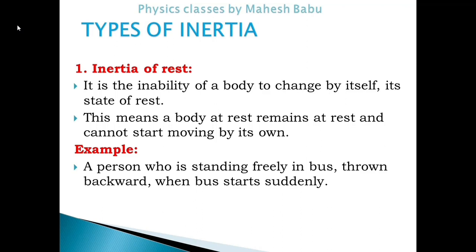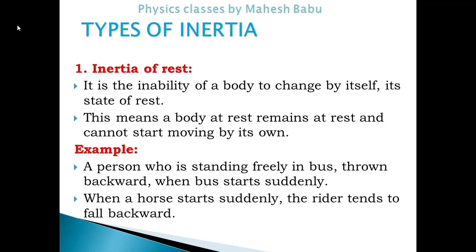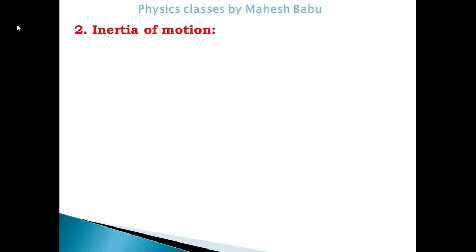Half of the body moves forward, but the remaining half has no contact, so it falls back. When a horse starts suddenly, the rider falls back. Even on a bike, when the bike suddenly moves, we fall backward.